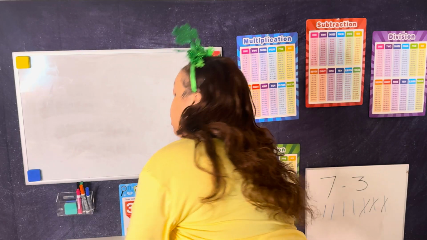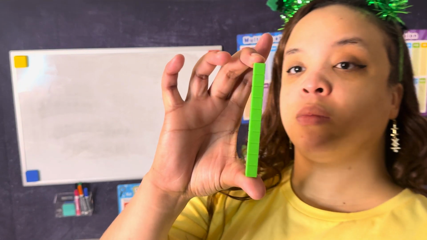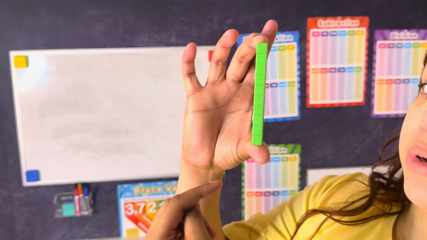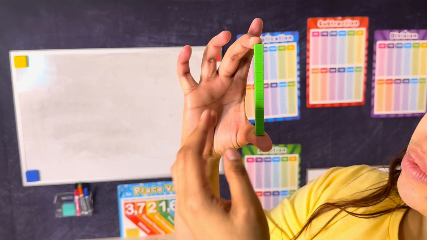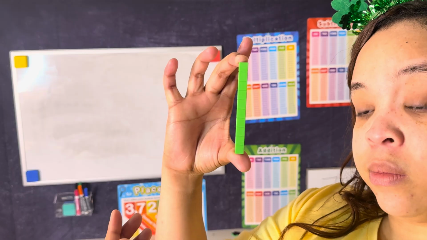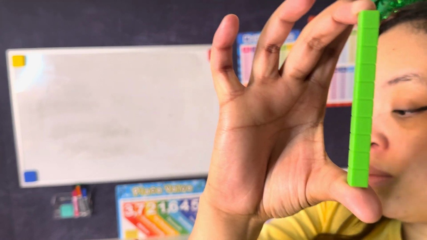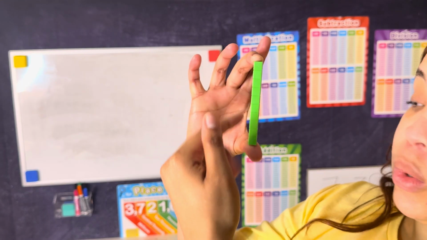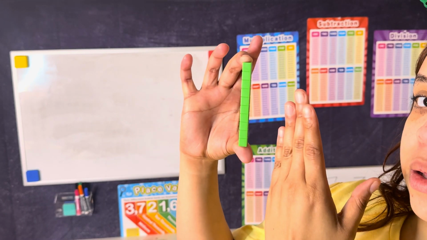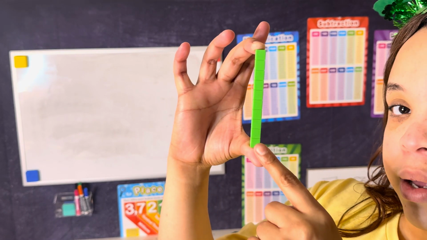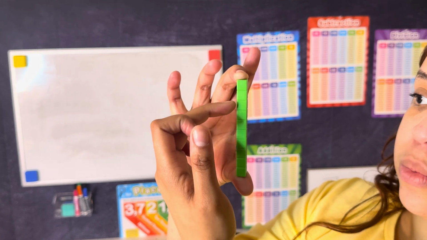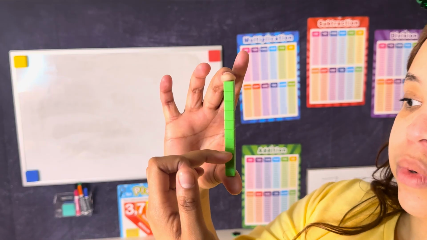Whereas this one, there's only one column, but 10 rows. So what does that mean? It is 10 times 1. You have 10 rows, 1 column. So you just simply add and you get 10. 1 plus 1 plus 1 plus 1 plus 1 plus 1 plus 1 plus 1 plus 1 plus 1.